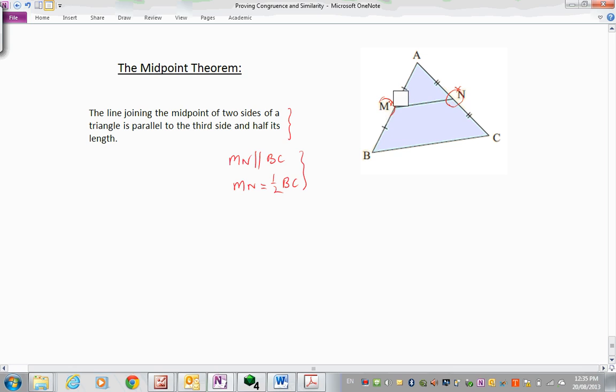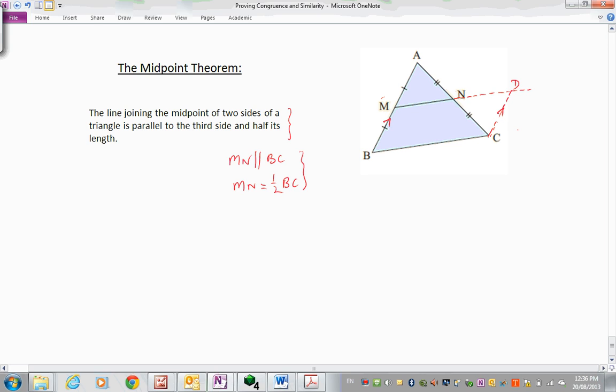So let's go back to this figure, and what we're going to do is extend the line MN out here, and we'll draw a line CD here, which is parallel to BM.